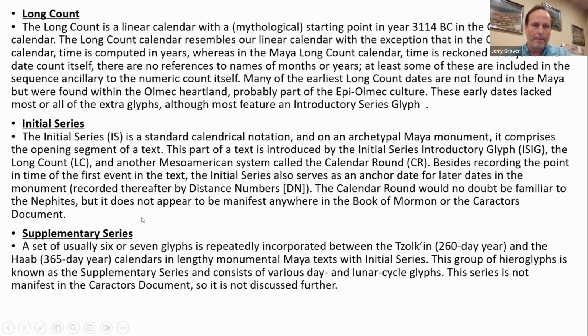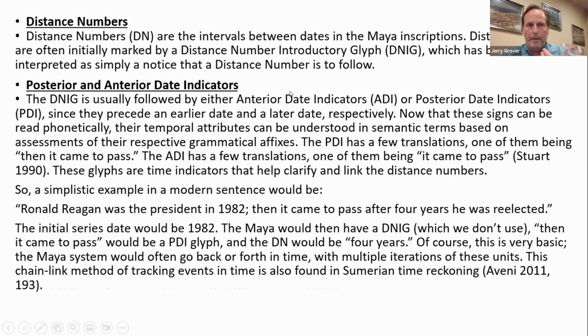As I mentioned, these distance numbers are the intervals between dates in the Maya inscriptions. And the posterior and anterior date indicators, which the distance number is either followed by or surrounded by, or is at some position related to.